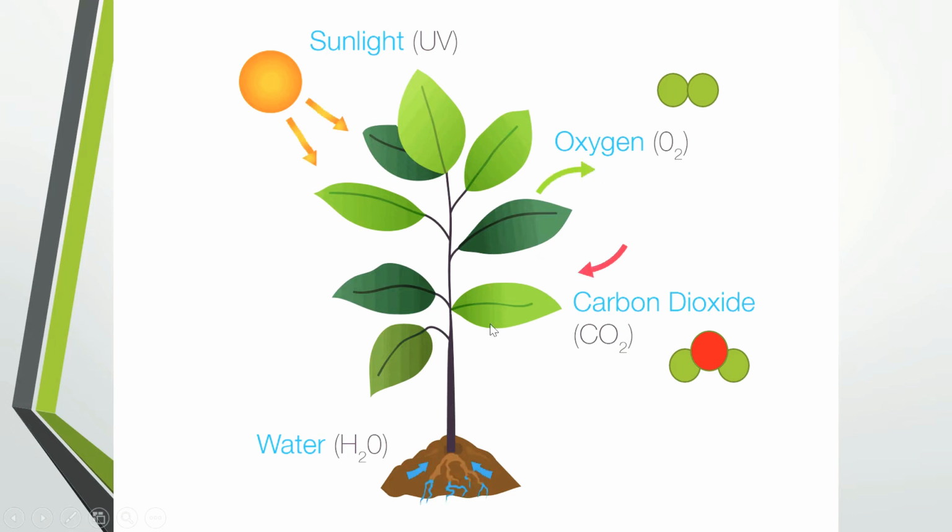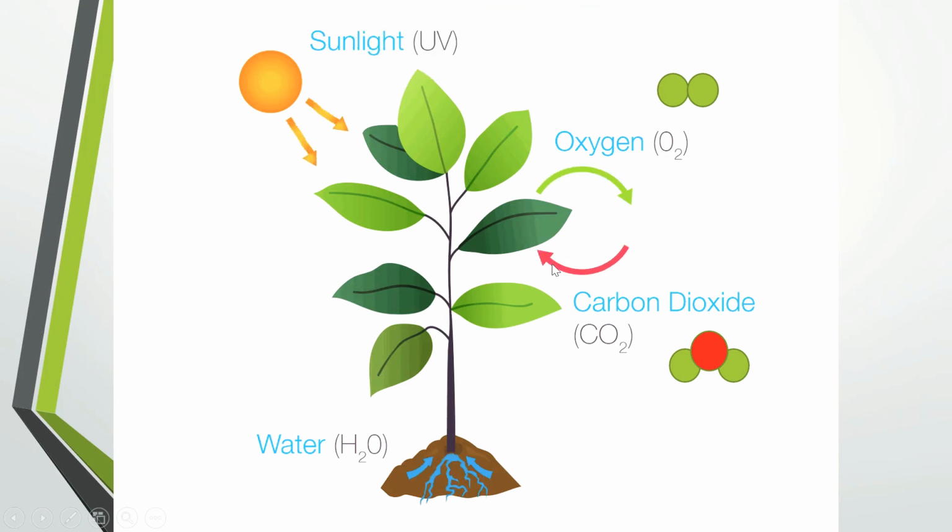So the carbon here now becomes part of the plant. This carbon may become part of the fiber of the plant, the cellulose part, or it can be part of the plant in terms of its fruit if the plant is fruiting.